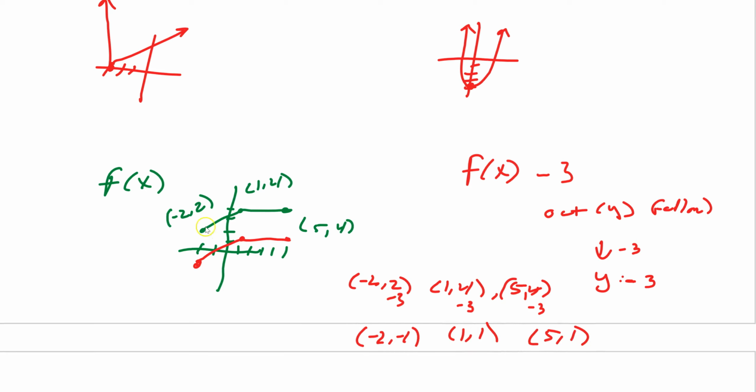Look at the points I got. -2 and -1, 1, 1, 5, 1. So that way also works. That same idea, right? If I just give you a basic graph of points, you can either move every single point down 3, or do the math. Hey, I gotta subtract 3 from all my y values. You get the exact same answer. So we'll do a couple more of those later.